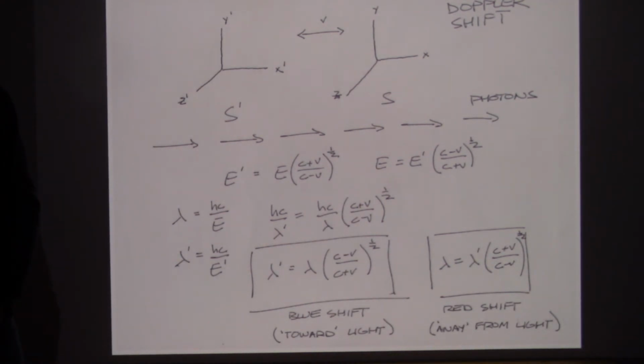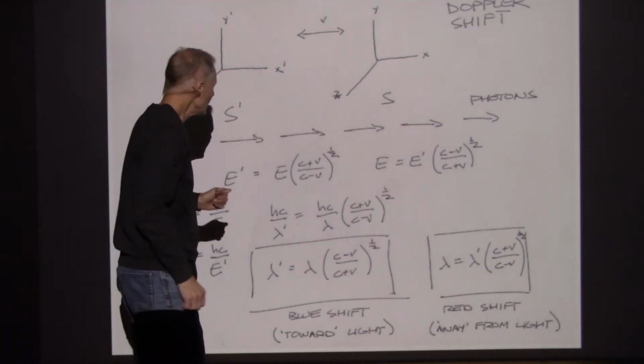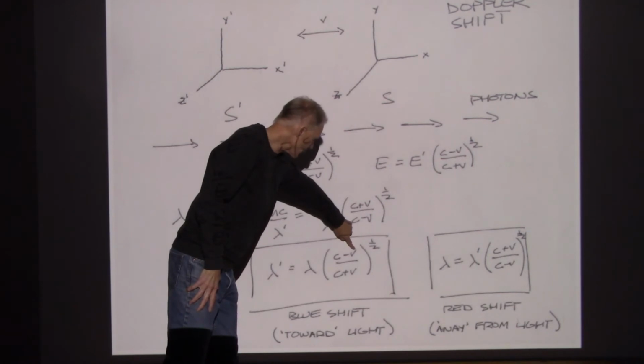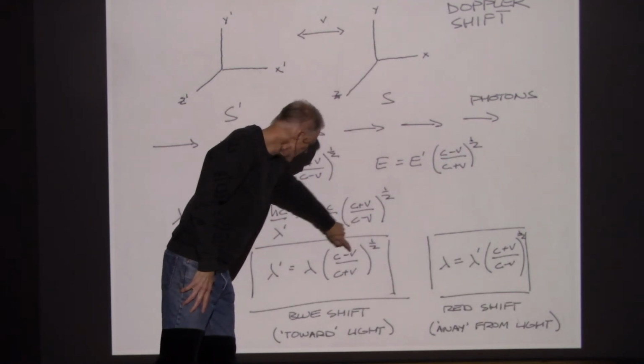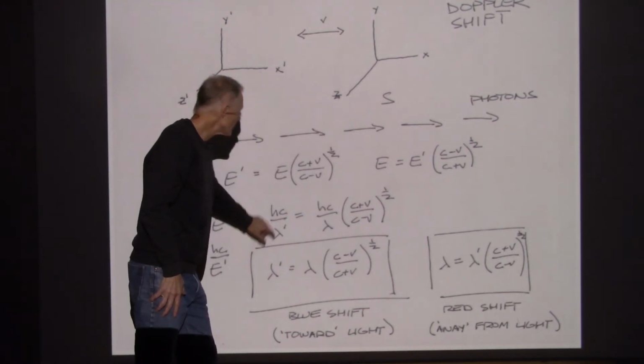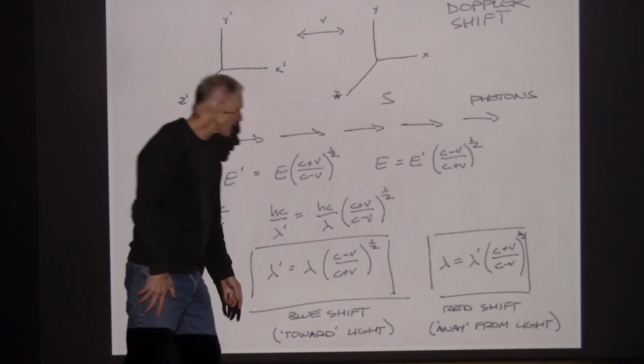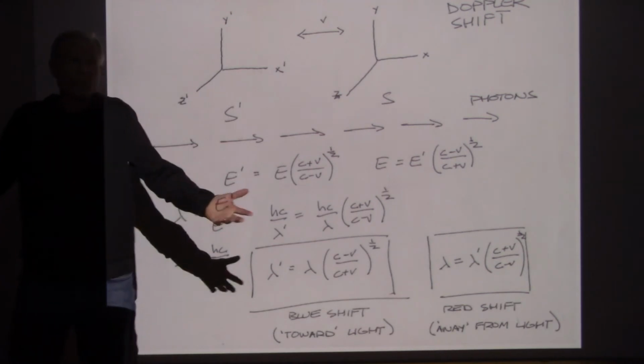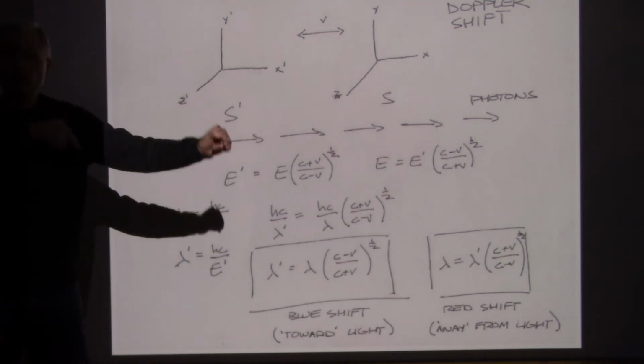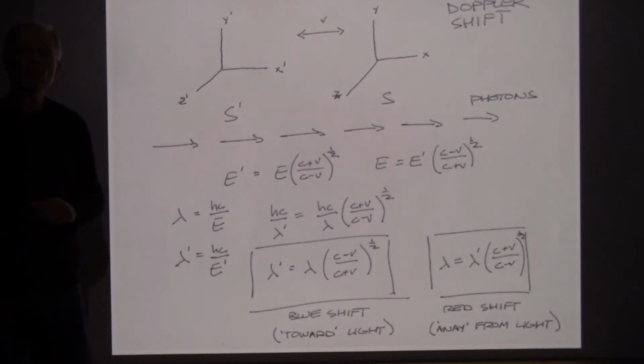They now have more energy than they did in the other reference frame. So if I move into a reference frame going at some speed v, the wavelength shortens and the energy goes up. We call that a blue shift. The photons now have more energy in this new reference frame than they did in the reference frame I used to be in.